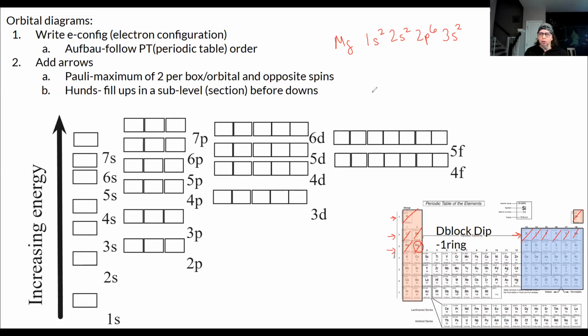We followed Aufbau order automatically because we started with hydrogen and we went through the boxes. If you use any other order, it is not Aufbau and it is all wrong. So make sure you are following that order. Some people like to simplify and not put the row each time. That does not count because remember, this row is actually your quantum number, and your quantum number is not always the row number.